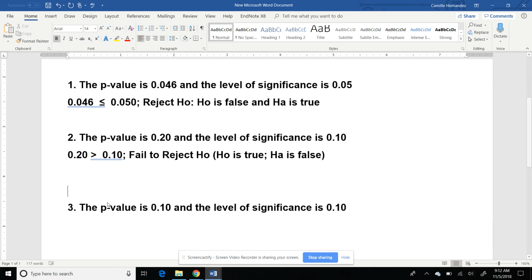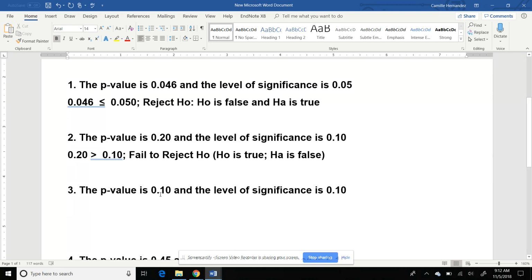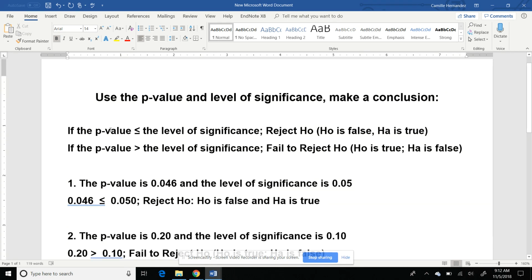All right, here's another one. The p-value is 0.10 and the level of significance is 0.10. They're the same number. So what am I going to do? Remember up here, you had less than or equal to to reject the null.